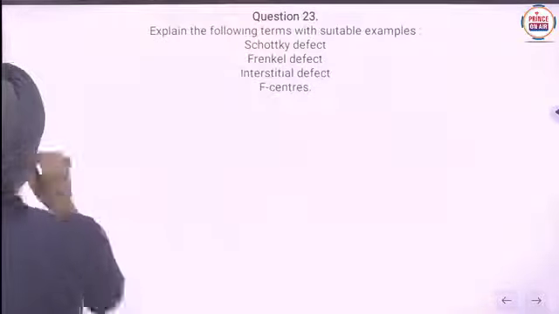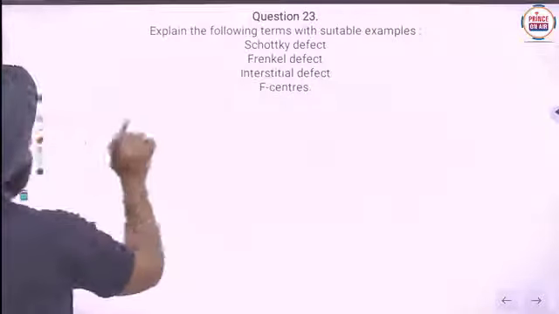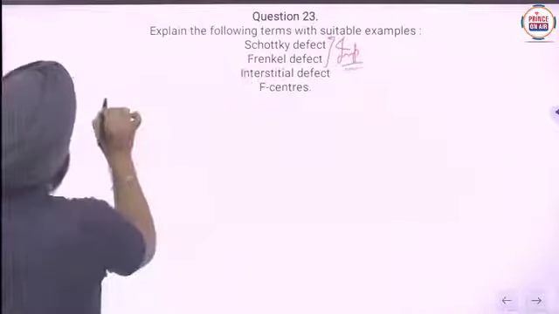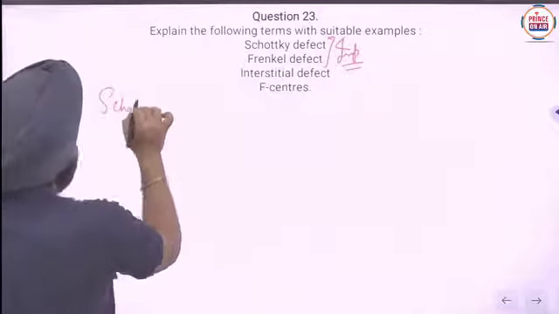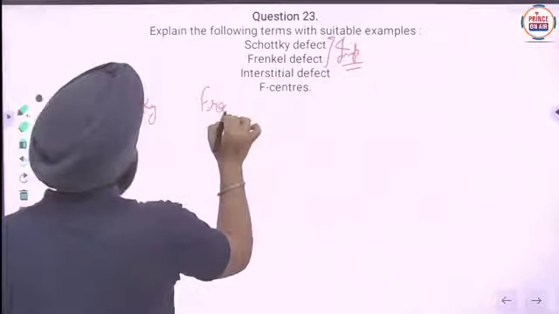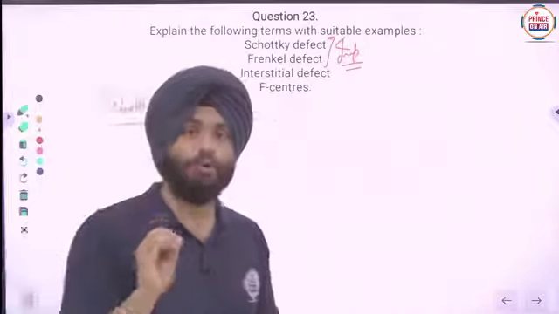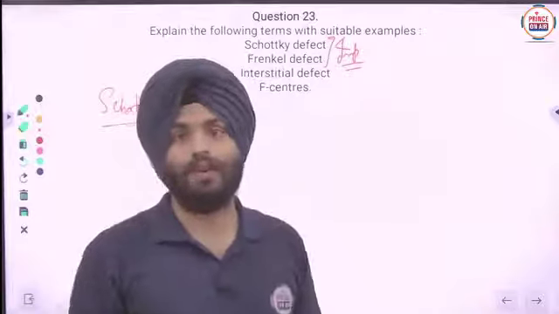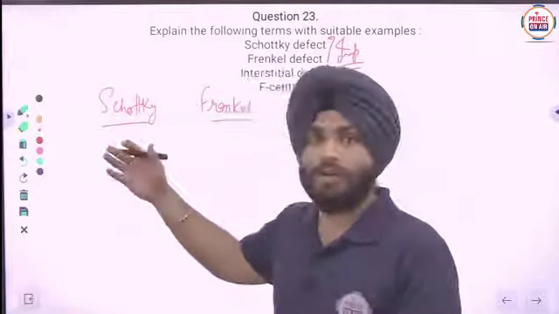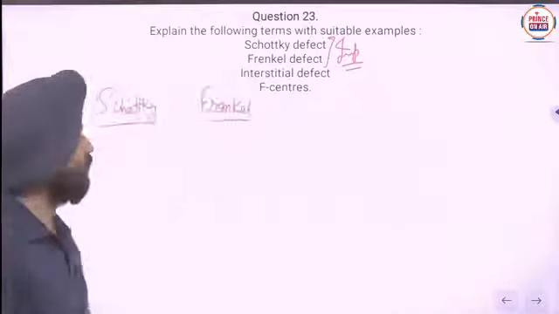Now the first one is Schottky defect and Frenkel defect. That is a major question and a very important topic. I gave you a trick related to the COVID time, the lockdown period.